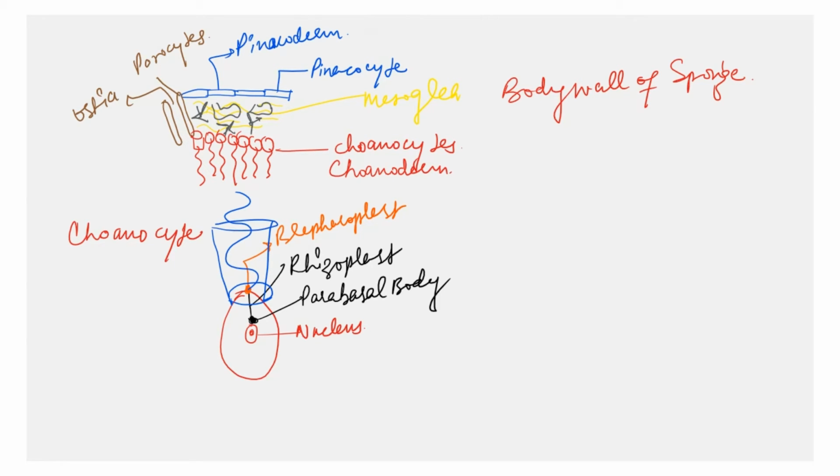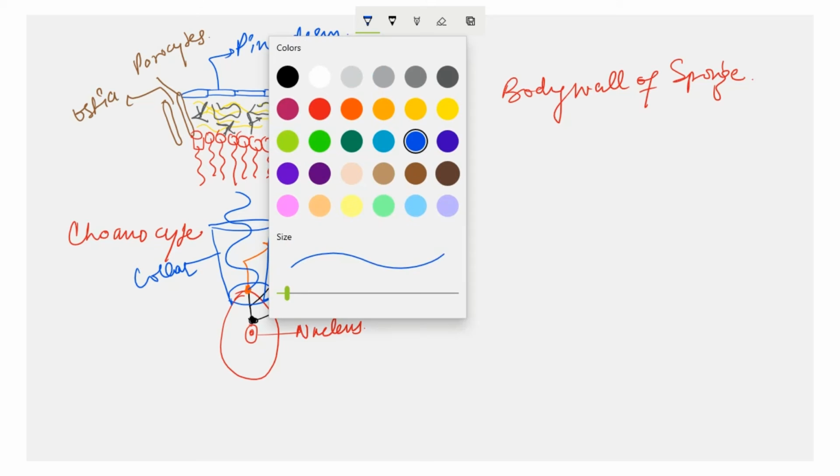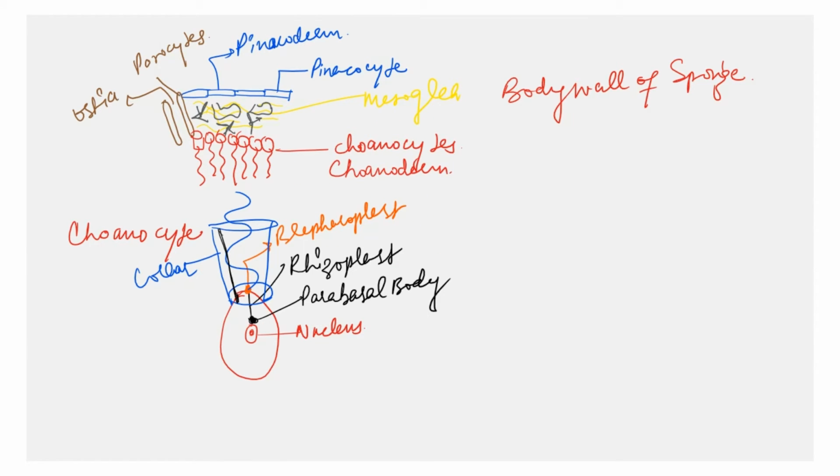This is the collar, and inside this collar we have many microvilli. These are the microvilli, and these microvilli are adhered to each other and supported with the help of these microfibrils.